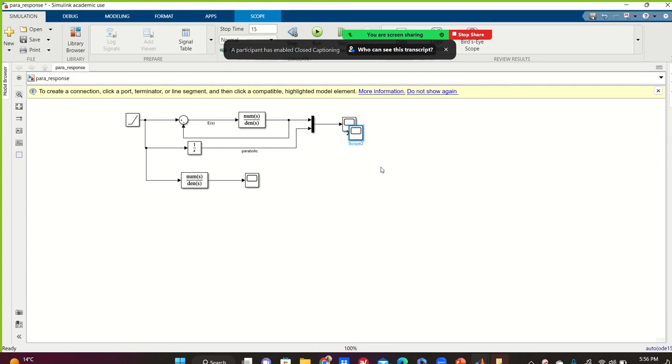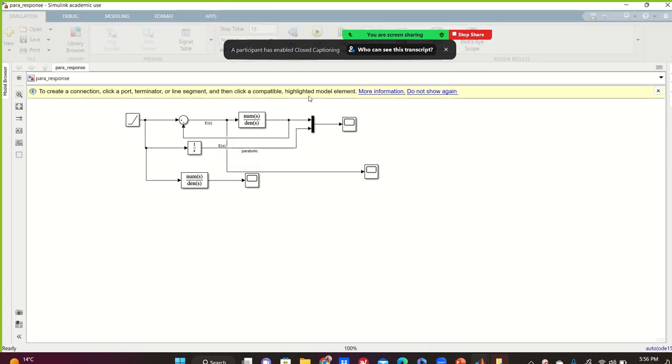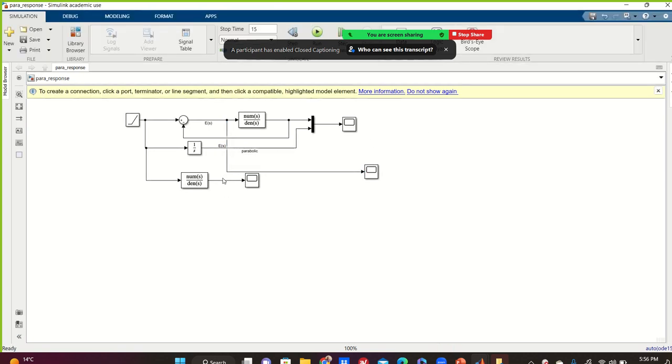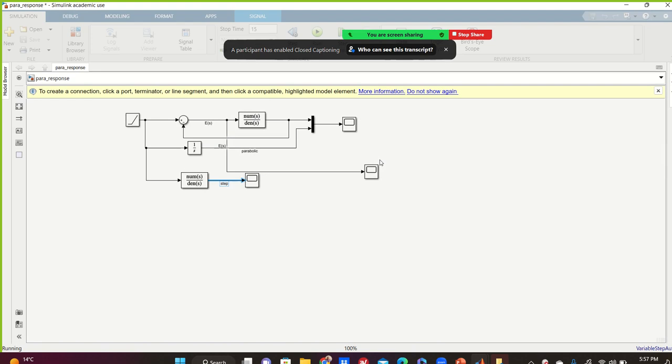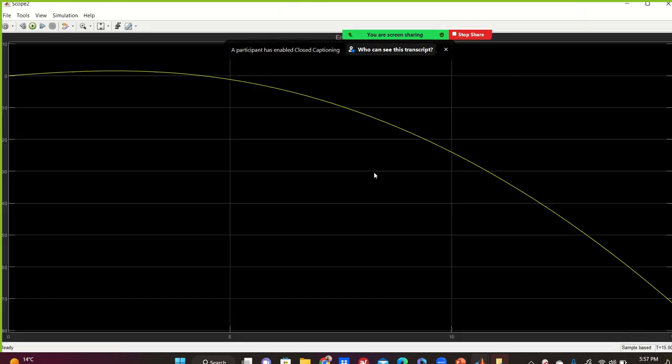As I promised you, I'm going to share with you that the error signal for the parabolic input increases with time, despite the case of the ramp. So if I plot this, and I'm going to put this as a step, and if I run this, see that?